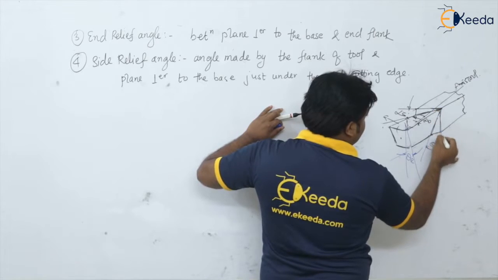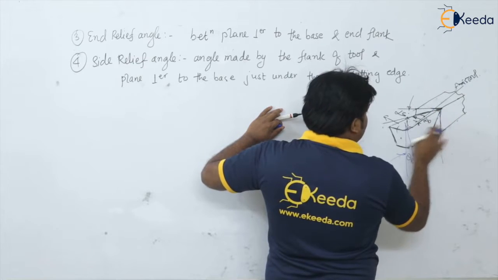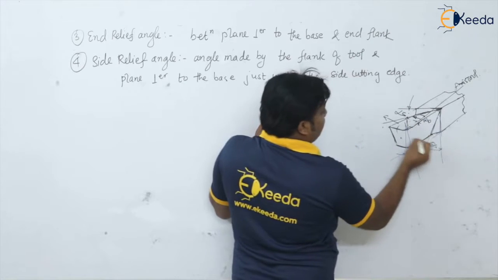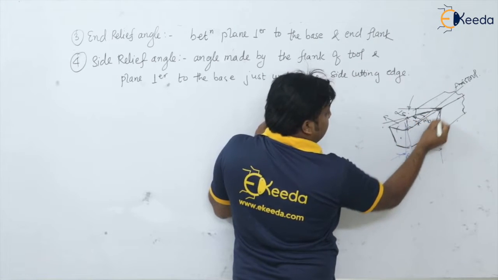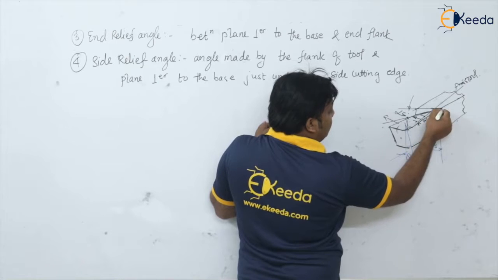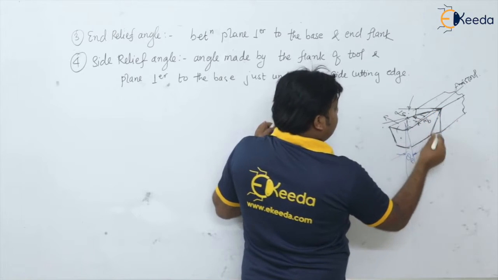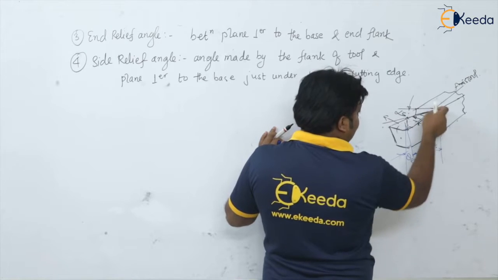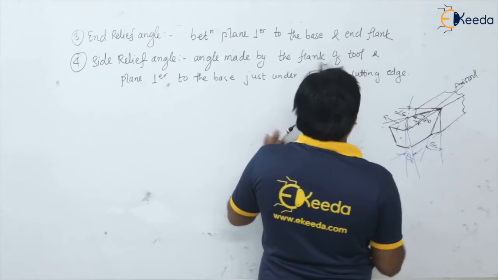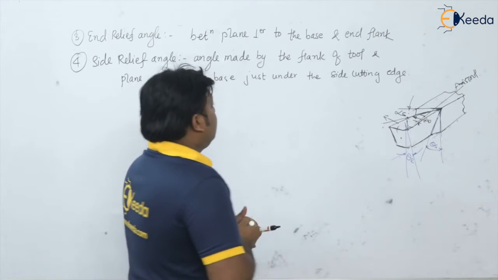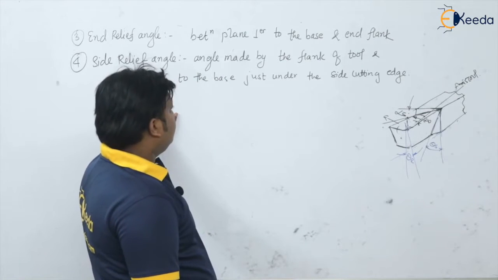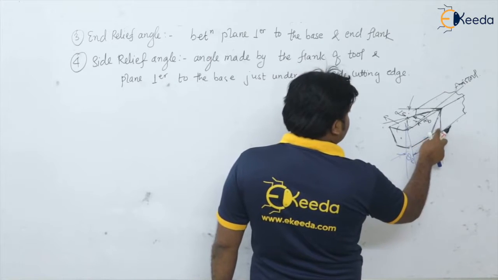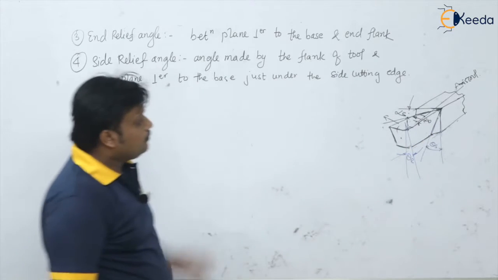See, this is the plane perpendicular to the base, and this is the flank just below what? This is the side cutting edge. The angle made below the side cutting edge, between the plane perpendicular to the base of the tool and the flank of the tool, isn't it? So this is our side relief angle.